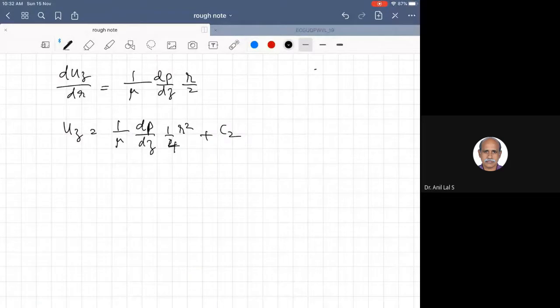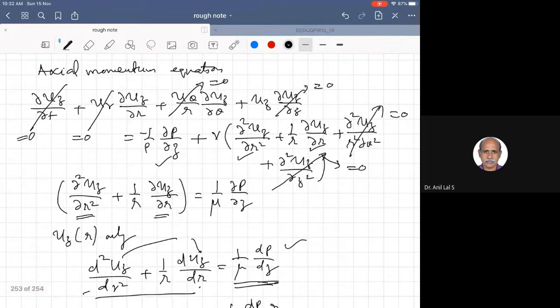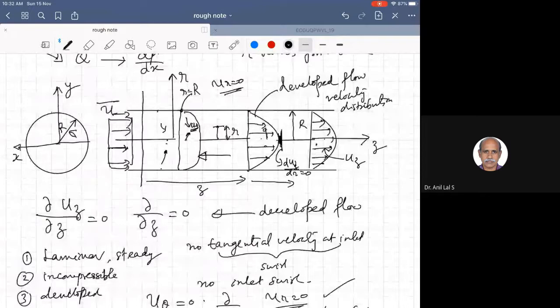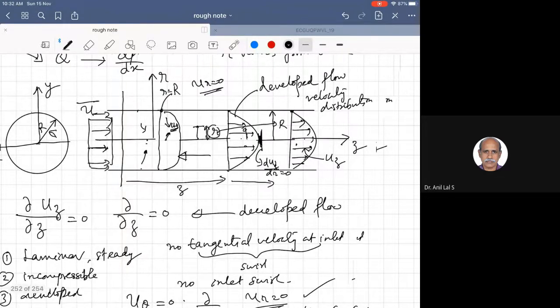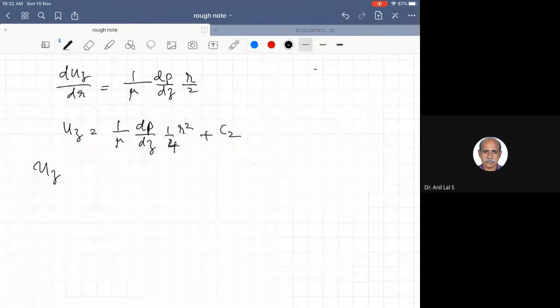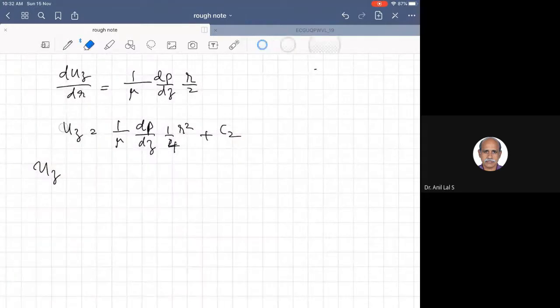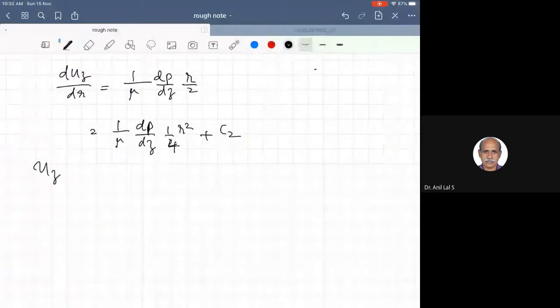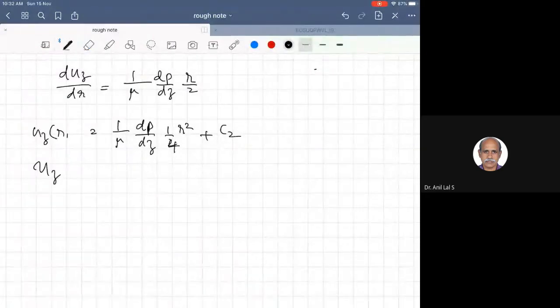And now we know another condition: uz is equal to 0 at r equal to capital R, at the wall. So this is uz as a function of r and a constant.